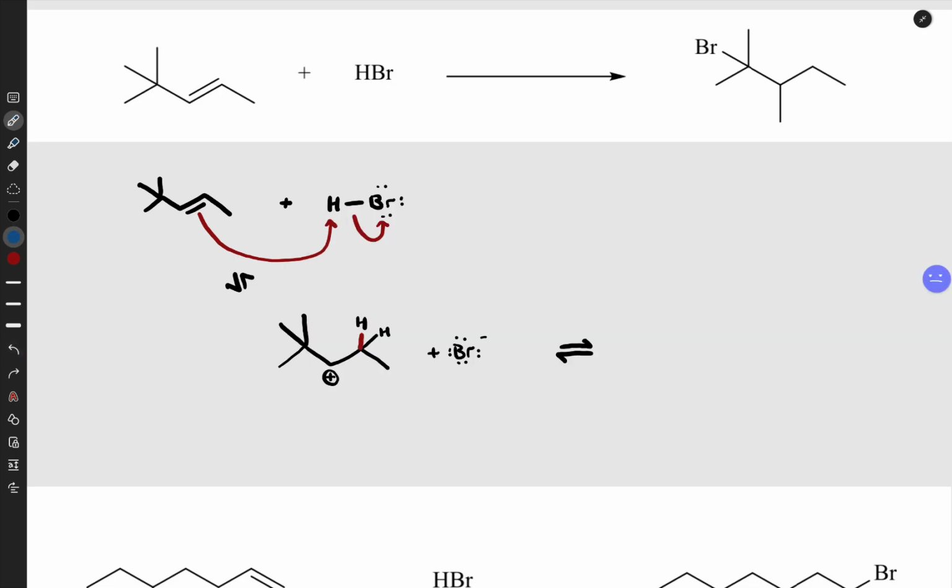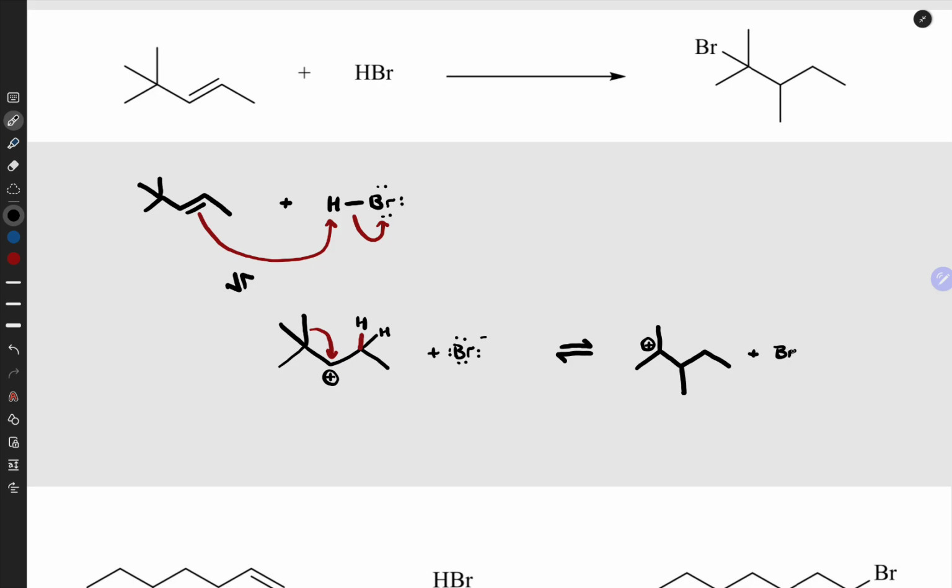Let's not erase that, actually. Let's just draw it. So moving a methyl group from here to there, which will allow us to build a molecule that looks a little bit more like what we're looking at in our product. We'll move our carbocation to be more stable on this tertiary carbon. I'm not going to draw the hydrogens anymore, but they're still there.